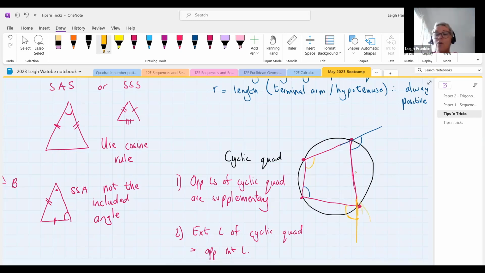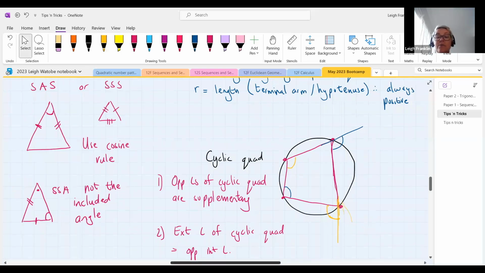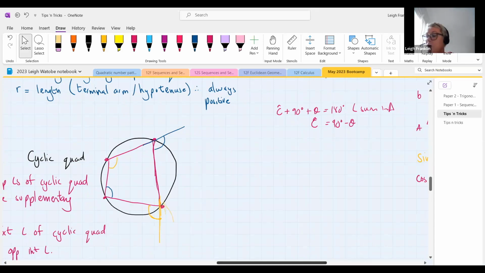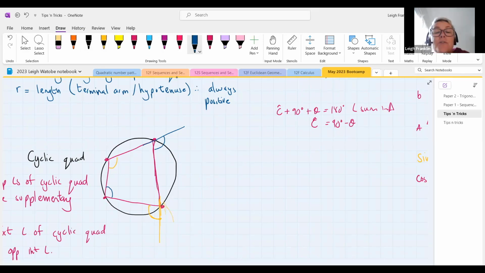Okay, so those are generally quite easy. What is a little bit more difficult are your converse theorems. Here they will always ask you to prove a quad is cyclic.